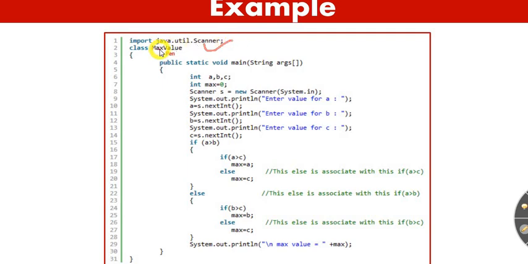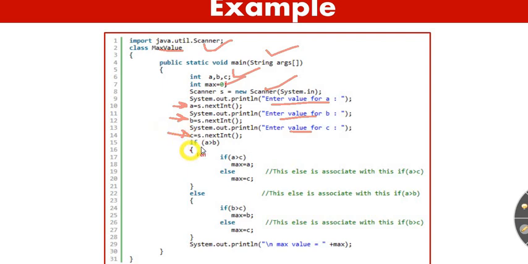I am in the class and public static void main, and I declared 3 variables a, b, c, and int marks equals 0. Then I ask the user to enter the number a, then b, then c. We have created a Scanner, and according to that, we have taken the corresponding input.